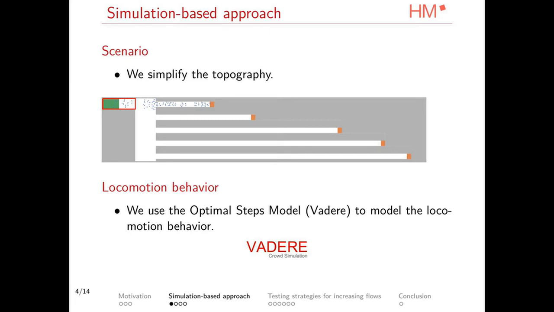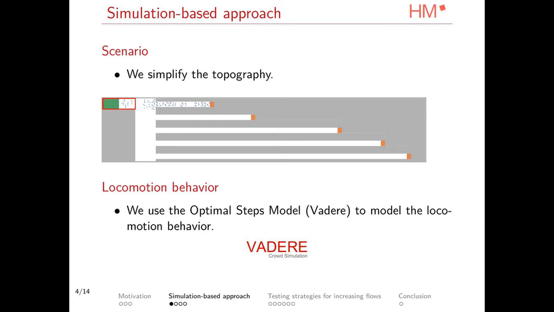My procedure is based on simulations. The first step is to simplify the topography. As you have seen from the top-down view, the topography is quite complex. In the simplified topography, the lengths and widths of the corridors are represented, but in a simplified way.